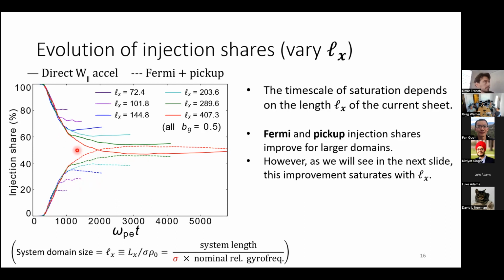Well, I guess the direct acceleration takes place really in this diffusion region, which is microscopic. Microscopic means that its size is tied to the kinetic scales, but is independent of the system size. If you have a large system, you have many of these. If you have a really small system, then half of your domain is this diffusion region.